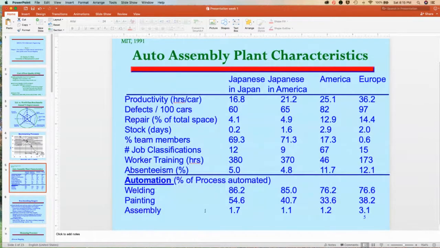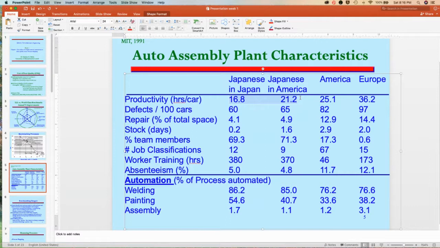Okay, and one last slide about this is the study they did measuring, is quality transferable? So they measured Japanese performance in Japan versus Japanese performance when they brought their car factories to the US. So you could see productivity is not the answer. I mean, labor is a very small part of the sale price of a car or the sale price of a phone.